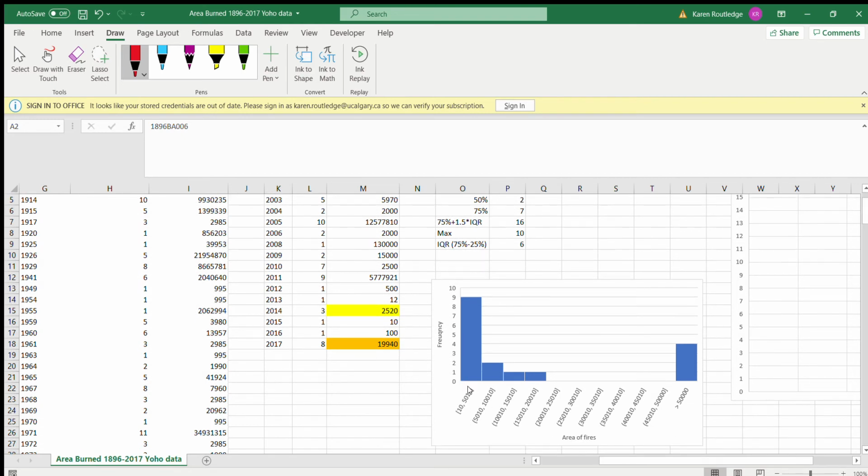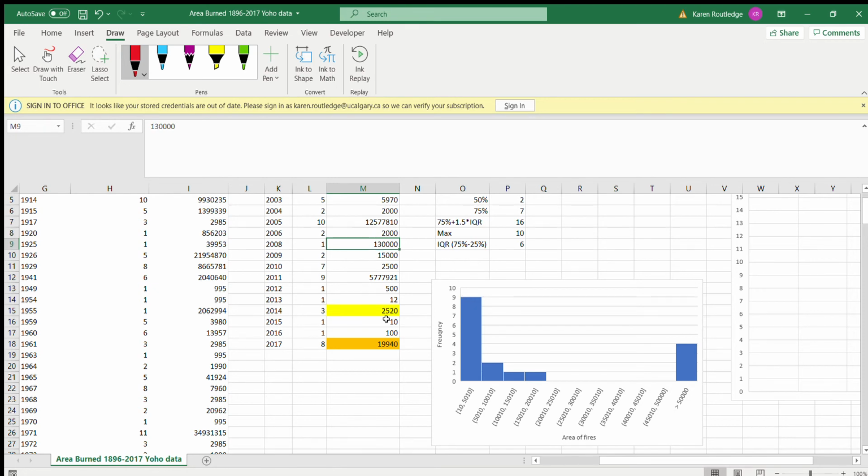So the first category, the first bin, as it's technically called, is between 10 and 5,010, so about 0 to 5,000. So if the value of this particular row is between about 0 and 5,000, which it is, then we get one tick in here. So this data point would be one of the 9 data points for this bar.